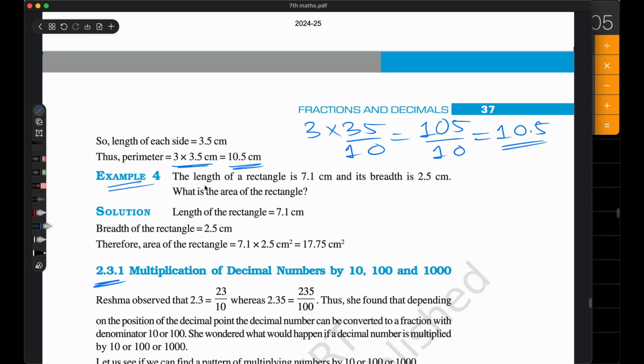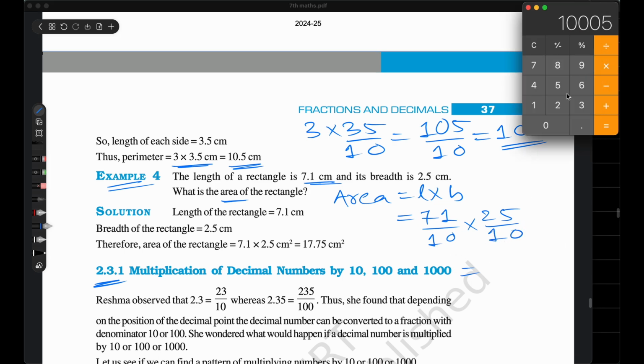Example 4 is, we are given with the length of rectangle equals to 7.1 centimeter and breadth equals to 2.5 centimeter. We have to find the area. So area of rectangle equals to length into breadth, that is equals to length is 7.1, convert them into the fraction, that is 71 divided by 10 into breadth equals to 2.5, that is 25 divided by 10.